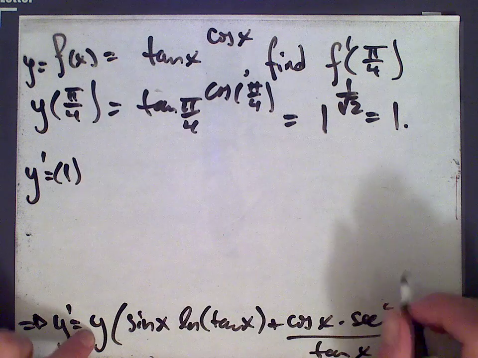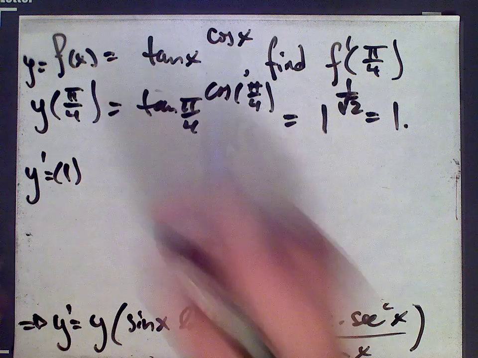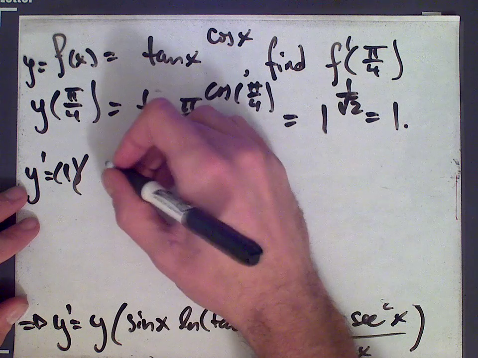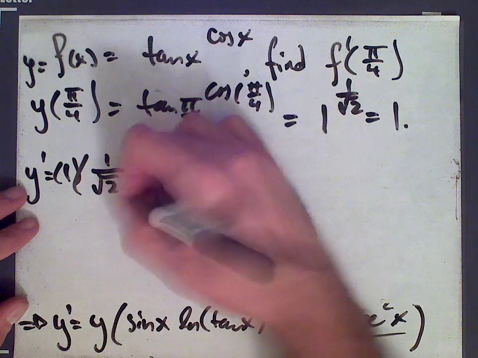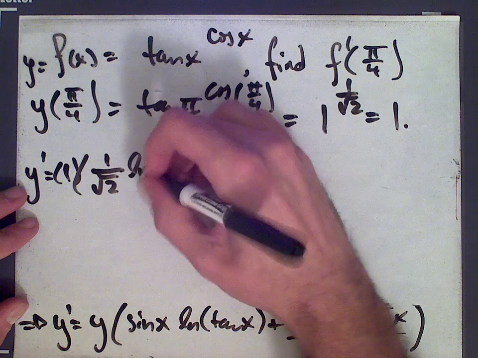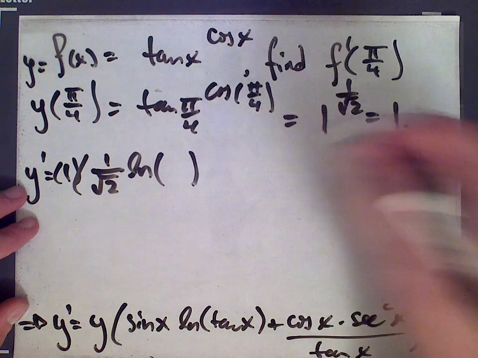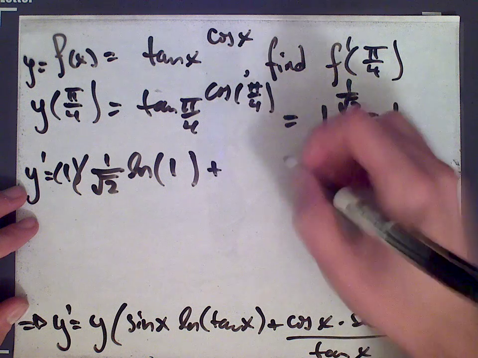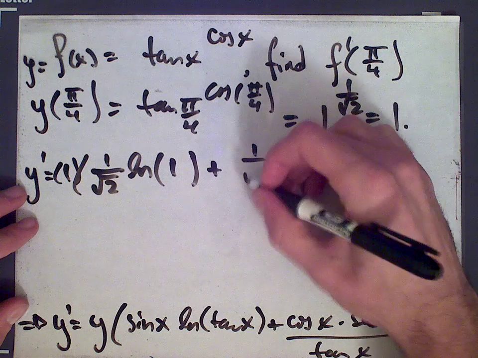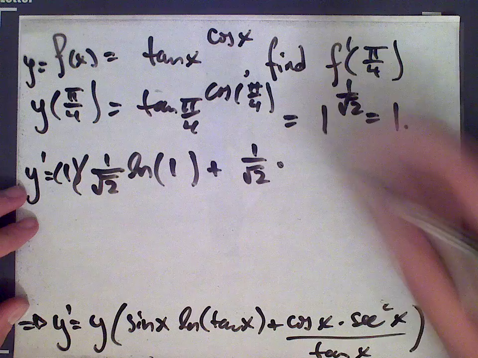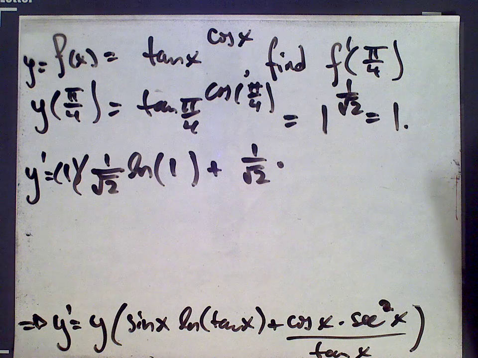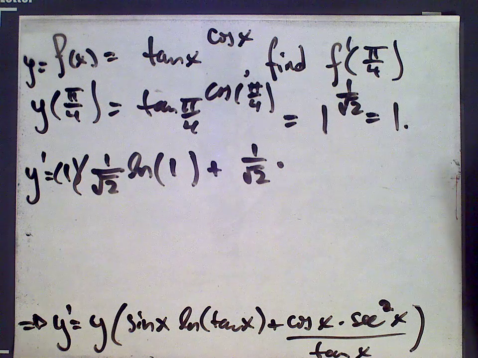Okay, we evaluated y at pi over 4 times sine of pi over 4, which is 1 over root 2, times ln of tan of pi over 4, which is 1, plus cos of pi over 4, which is 1 over root 2, times secant squared of pi over 4.